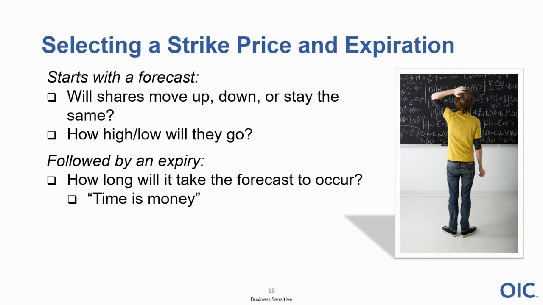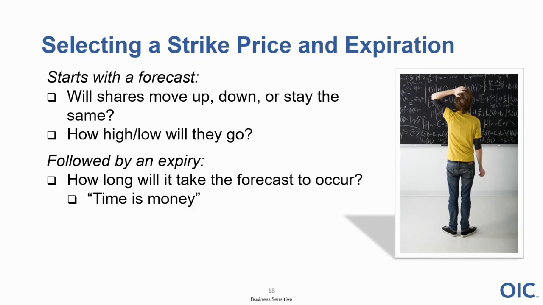So whereas an option contract expiring 5 days from now might have a $1 premium attached to it, that same option contract expiring a year from now may cost 10 times as much, because as a seller, I've got significantly more risk.